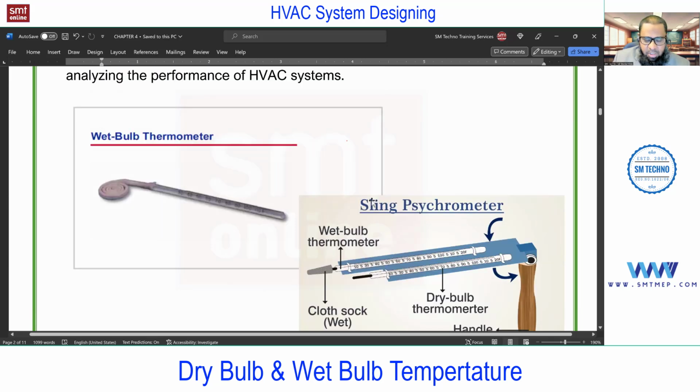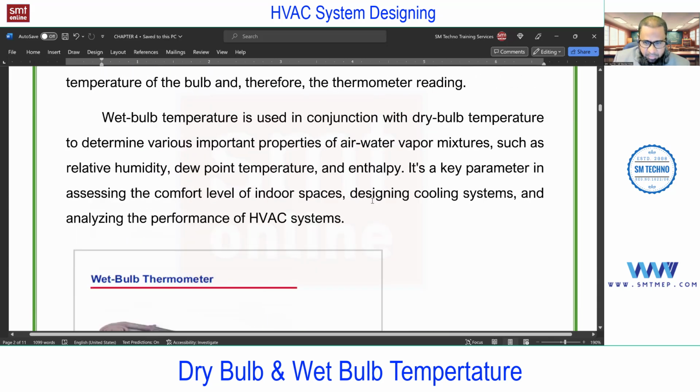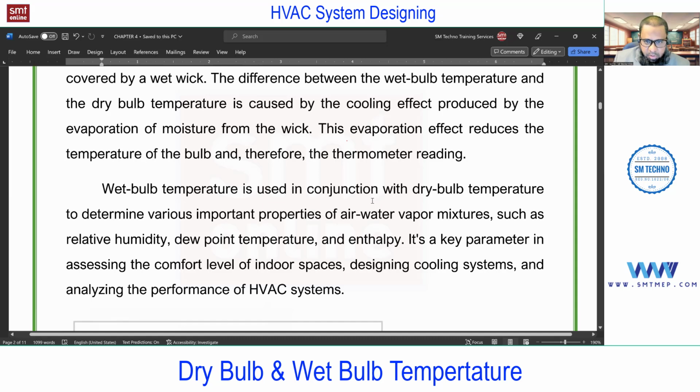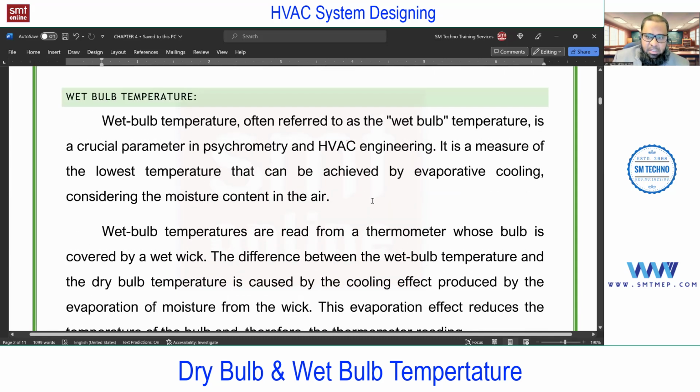So exactly you cannot understand the concept for this. But anyhow, I have some important points to discuss. So first of all, we'll discuss how to measure this wet bulb temperature, then the purpose, so that you'll get the idea. But remember, this is not like a dry bulb temperature. Dry bulb temperature is a direct temperature of air, but wet bulb temperature is not direct temperature of air.